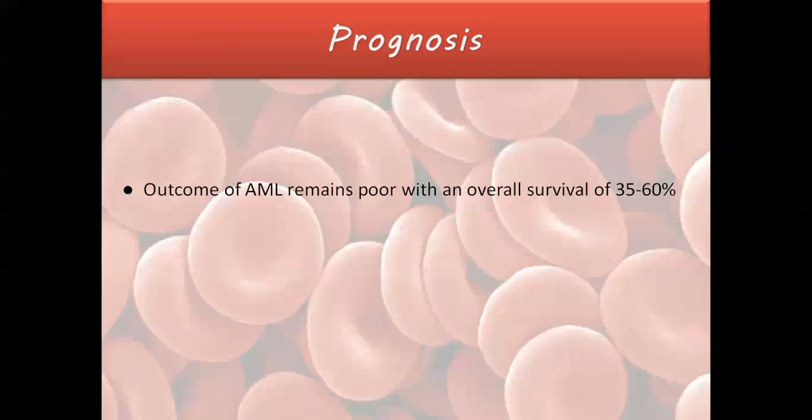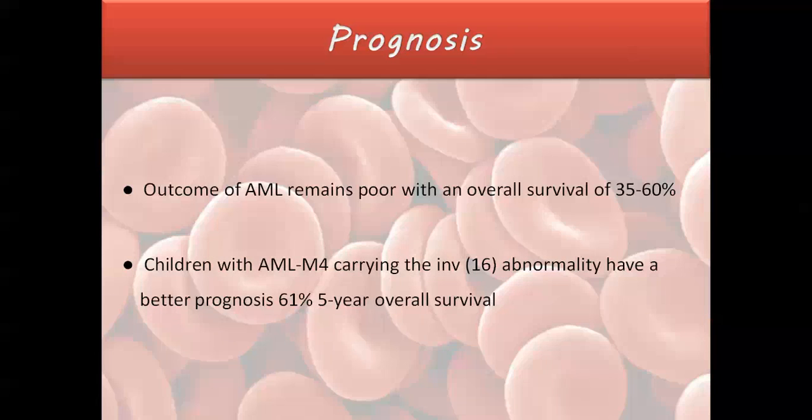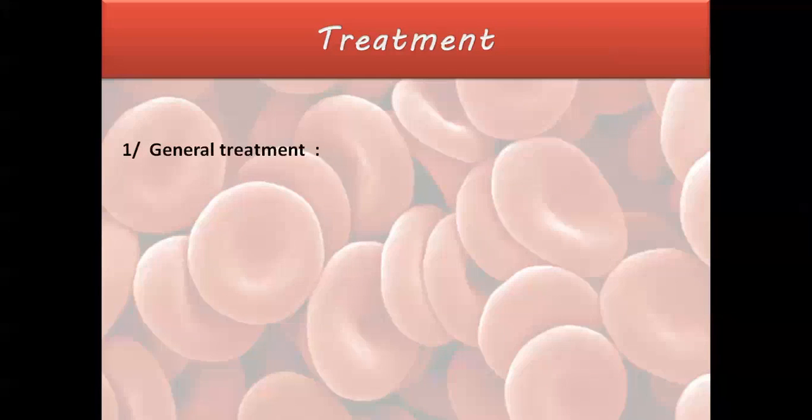Prognosis. The outcome of AML actually remains poor, with an average survival of 35 to 60%. While children with AML M4 carrying the inversion 16 abnormality have a better prognosis, 61% actually of 5-year overall survival. Treatment. We have general treatment and specific treatment.